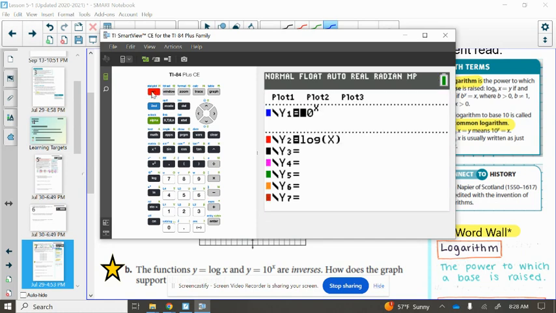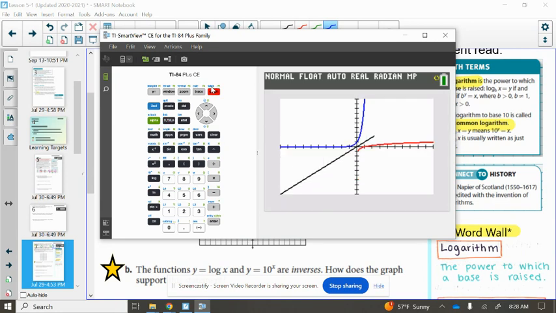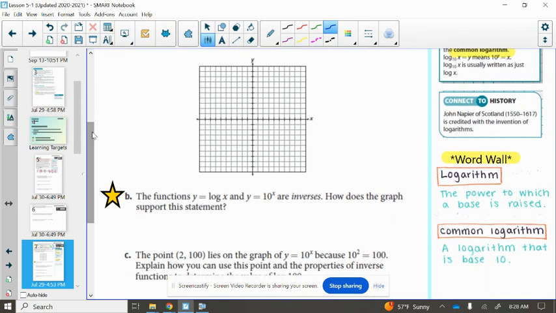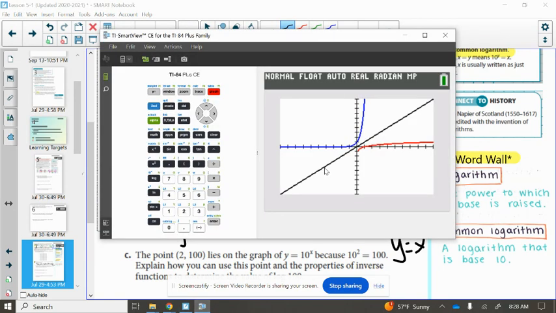And again, another way we can tell that is that these are reflections of each other over that line y equals x. So we can see that happening here for part B. How do these work? Well, they are reflections over y equals x.